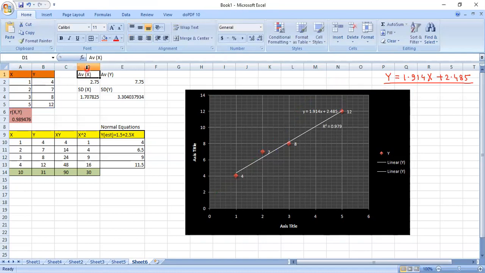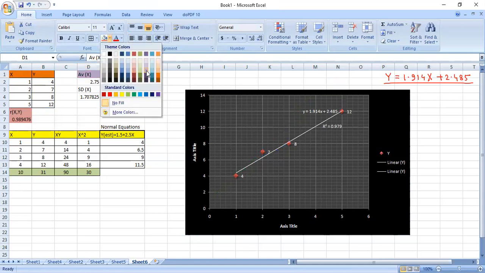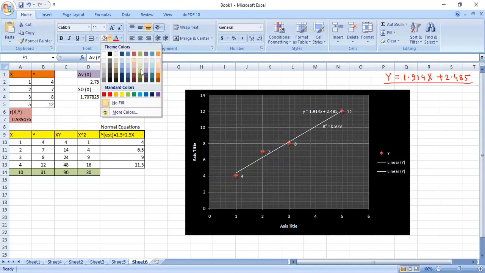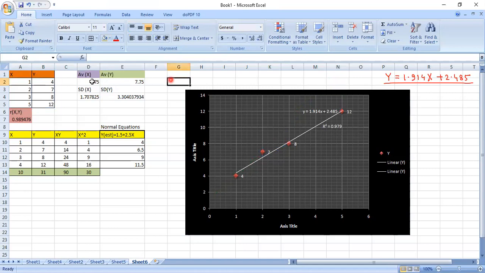See, with the help of Excel, I have also calculated the average of the input variable x and the average of the response variable y. These averages have also been calculated. So I am highlighting these points over here.